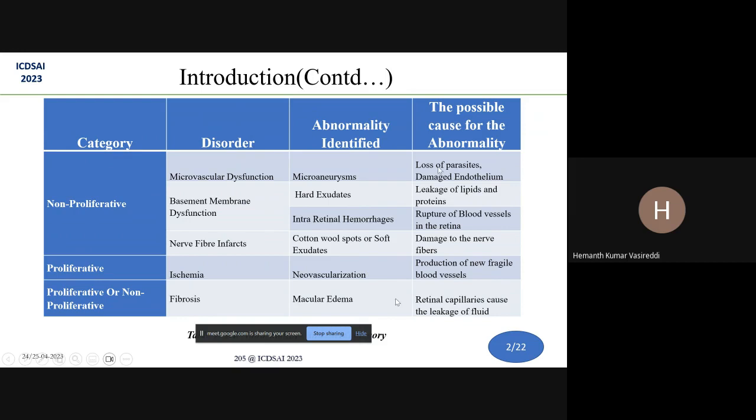For macular edema, retinal capillaries cause leakage of fluid. The third one we cannot assess in advance, where patients may have PDR directly instead of starting with NPDR. So this table gives the disorder, the abnormalities, and the possible cause for each abnormality.